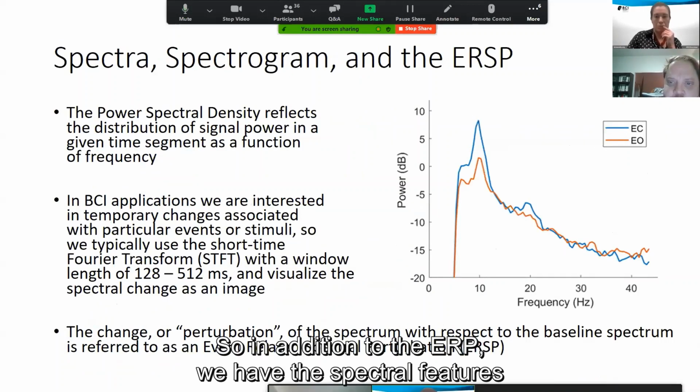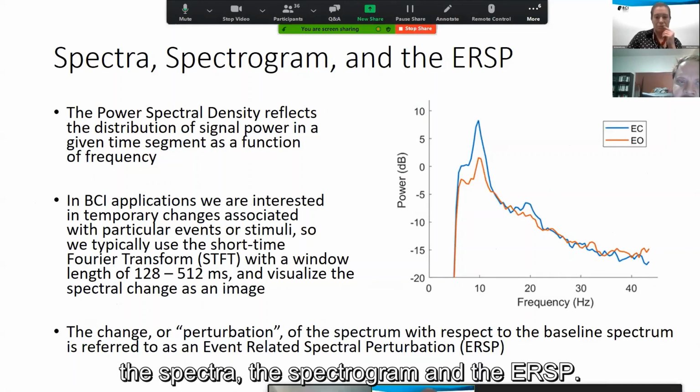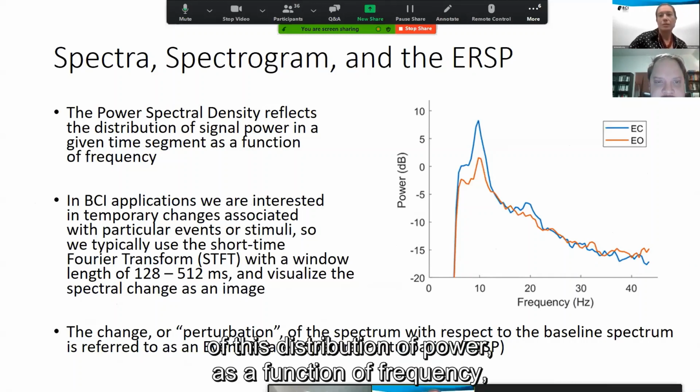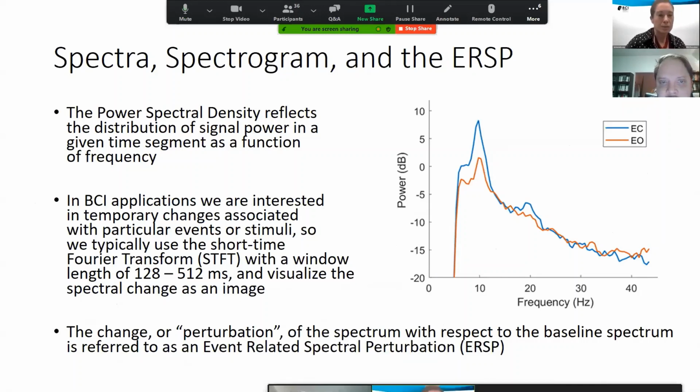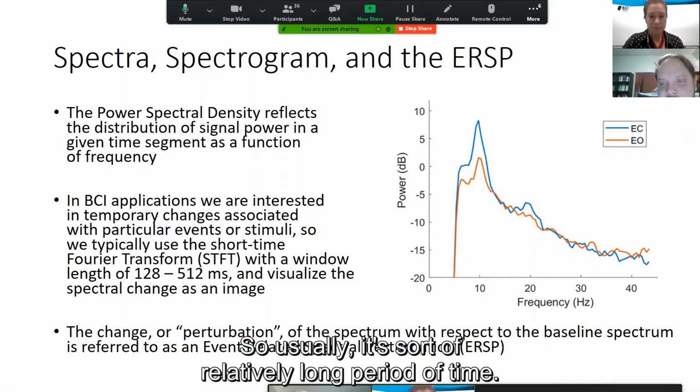So in addition to the ERP, we have the spectral features: the spectra, the spectrogram, and the ERSP. The spectral density is basically the plot of the distribution of power as a function of frequency, and this is taken over some period of time, usually a relatively long period of time.